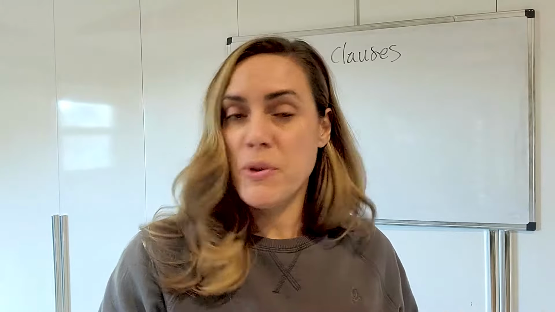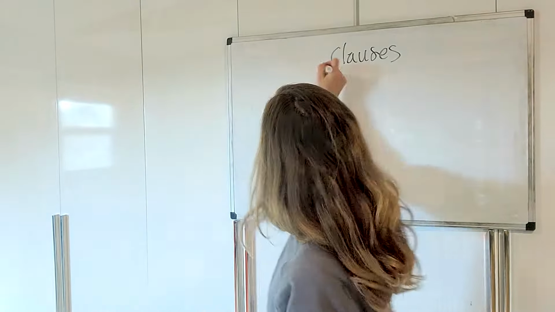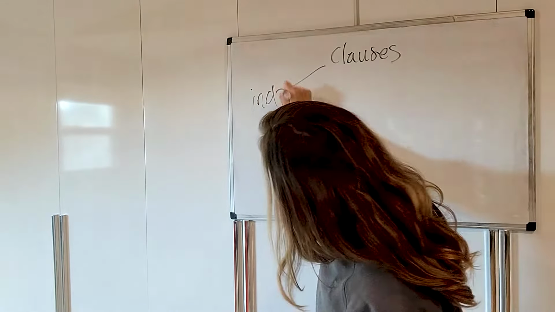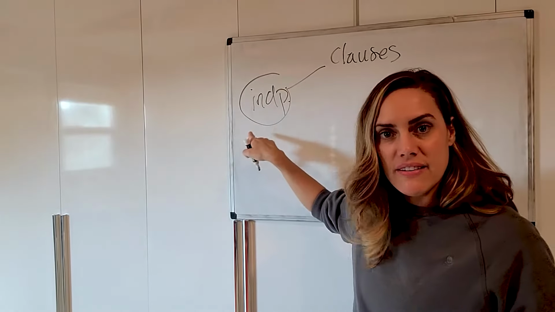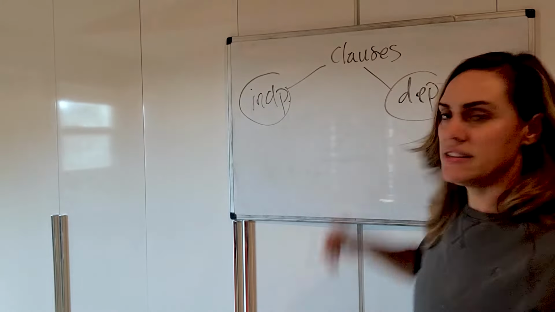Now there's two different types of clauses. There's clauses that are a complete sentence by themselves because they have a subject and a verb and a complete idea. And then there's clauses that have subjects and verbs, but they're not complete, okay? And those two types of clauses are independent clauses and then dependent clauses.